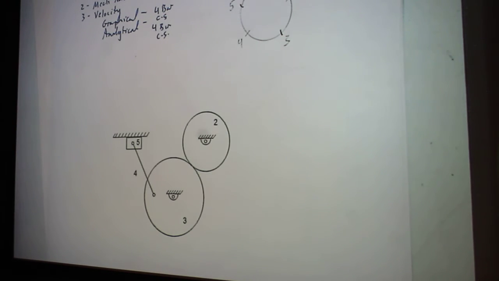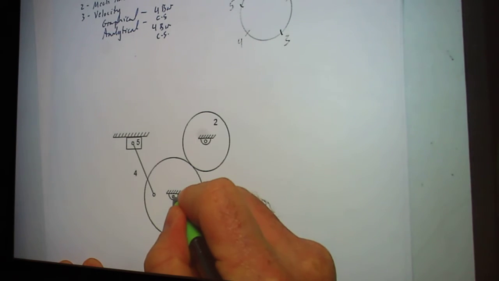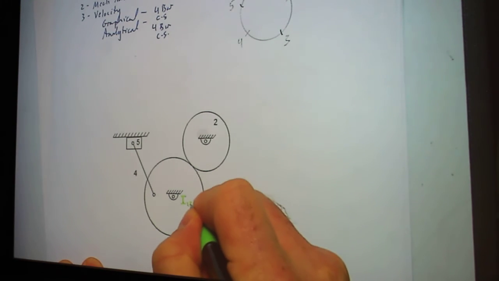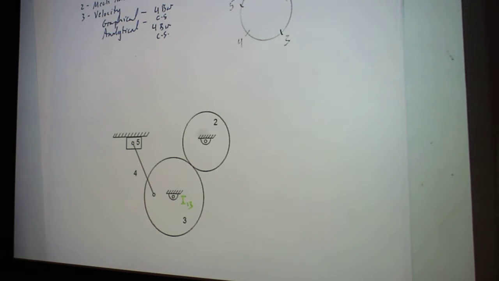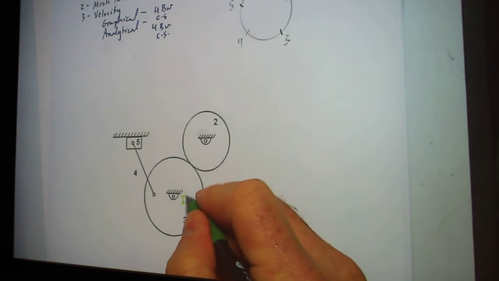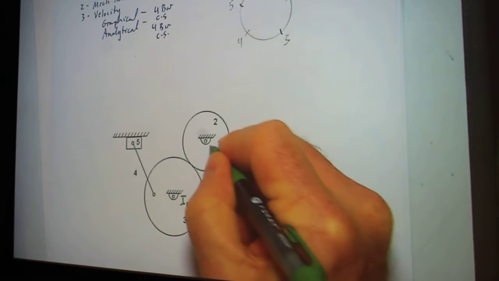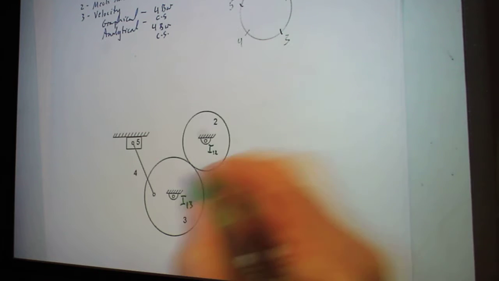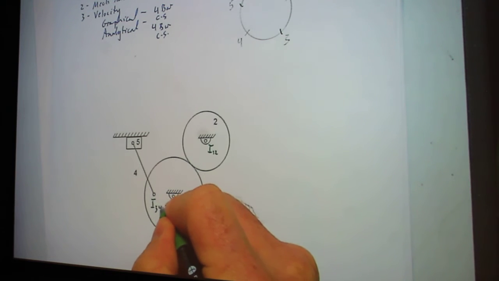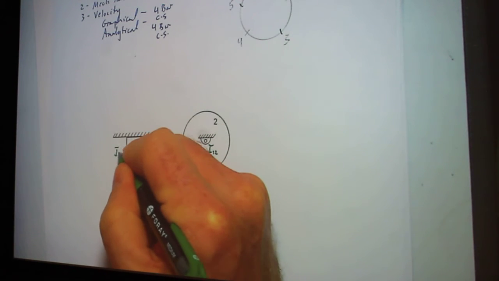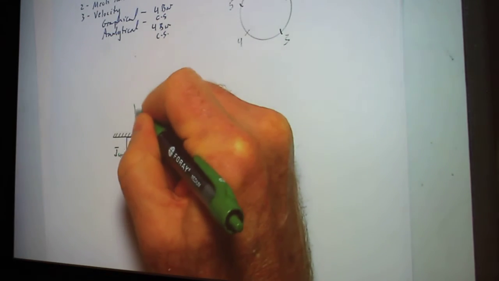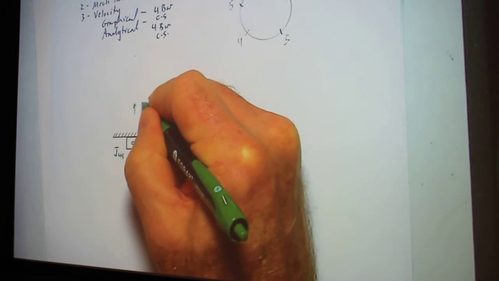This is where colored pens or pencils come in. I13 is here, I12's here, I34's here, I45's here, and off at infinity is I15.